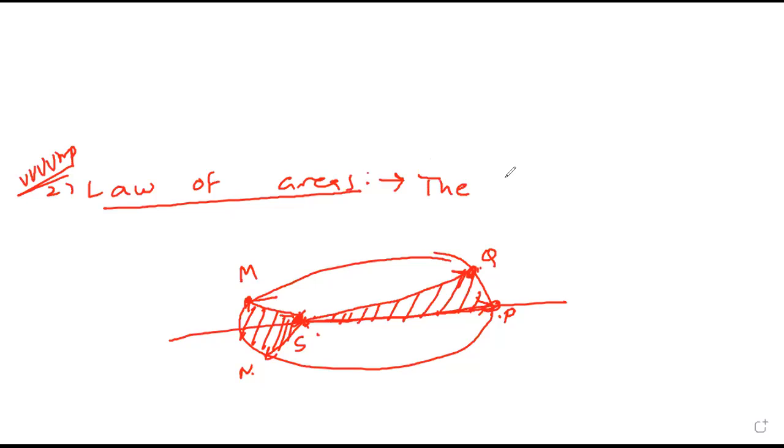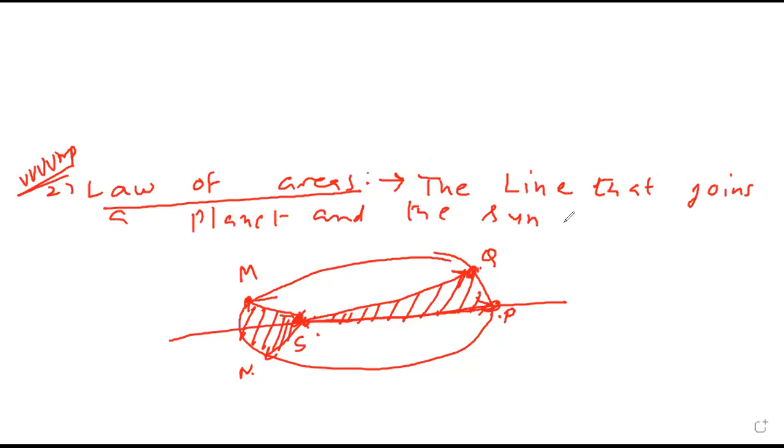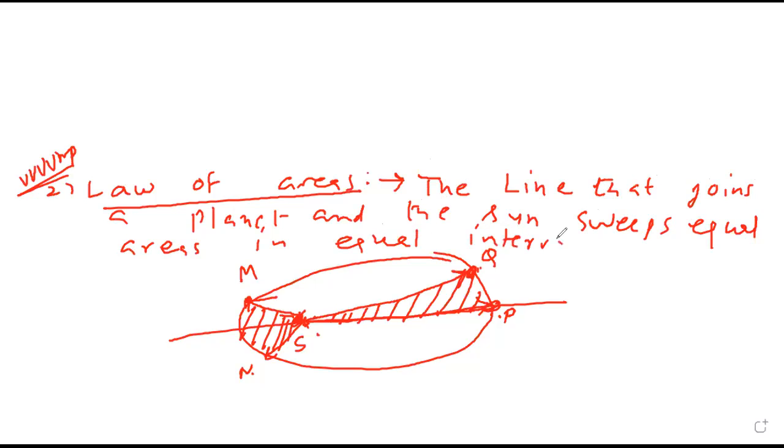So, making it slightly easier, the line that joins a planet and the sun sweeps, means covers, equal areas in equal interval of time. Just write this much, then I am explaining it.